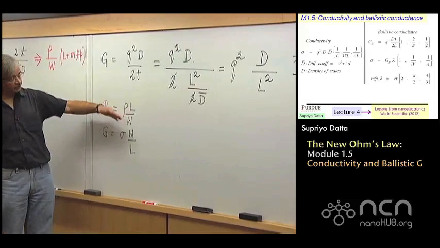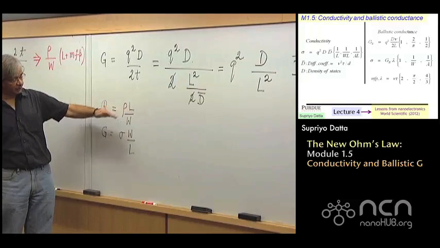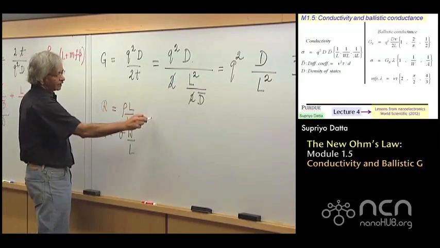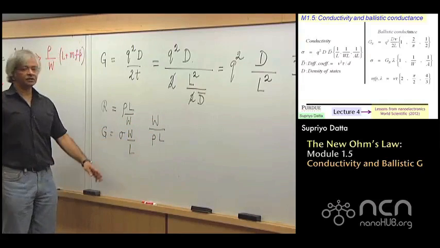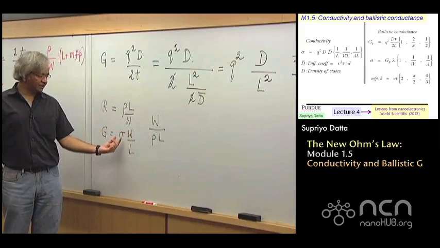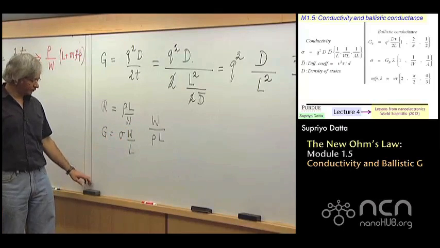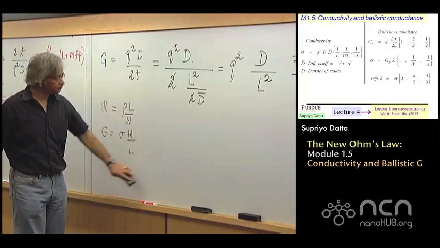When I take this and invert it, I get W divided by rho L, and the inverse of rho, the inverse of the resistivity, is this conductivity. So you could write it in this form.